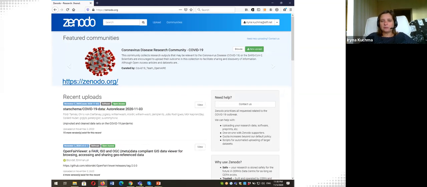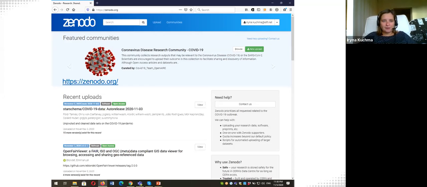In Zenodo, there is no requirement to provide open access. You can either upload open access publications or data or software, or you could choose embargoed access or restricted access. So it's really up to a researcher to define this access mode.